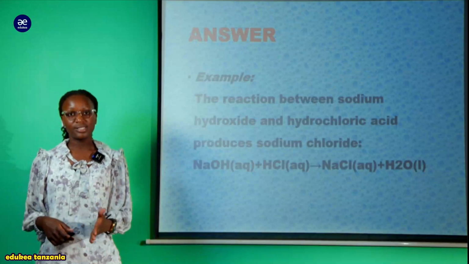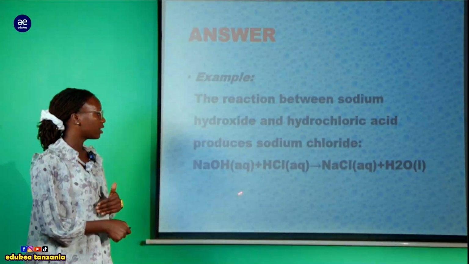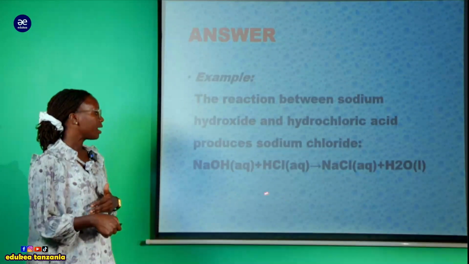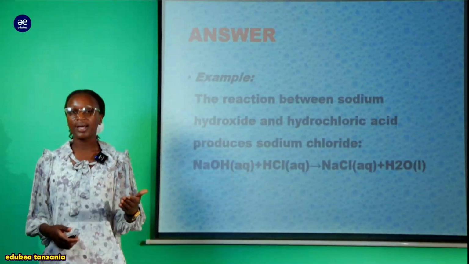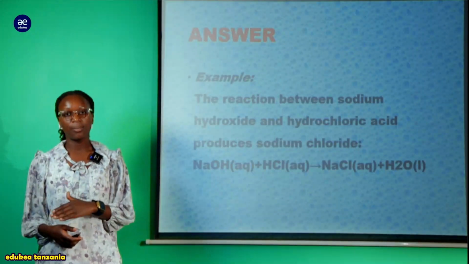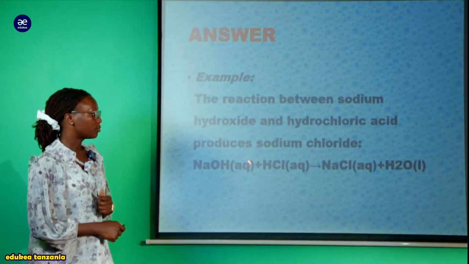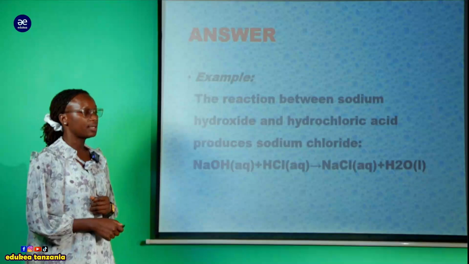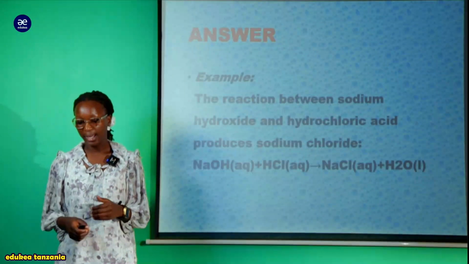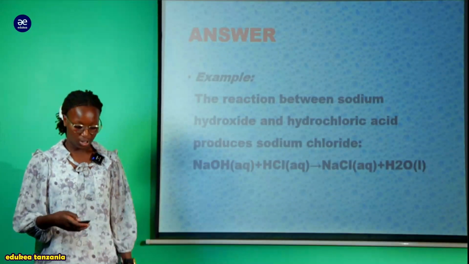This is a common reaction where a strong base reacts with HCl, and obviously we get neither acid nor base, because we get the aqueous salt sodium chloride, but also a water molecule, and we call this a neutralization reaction.